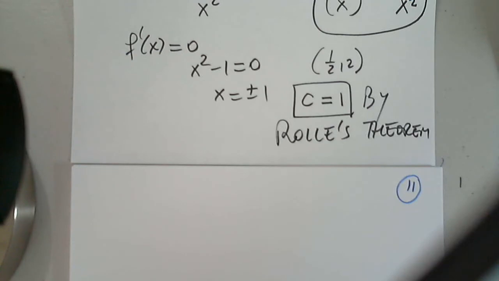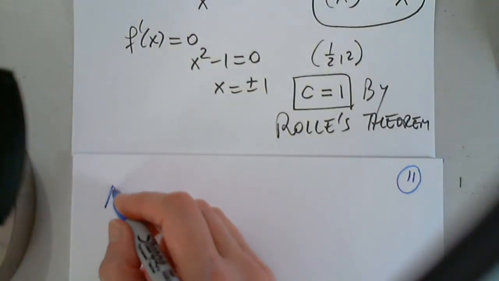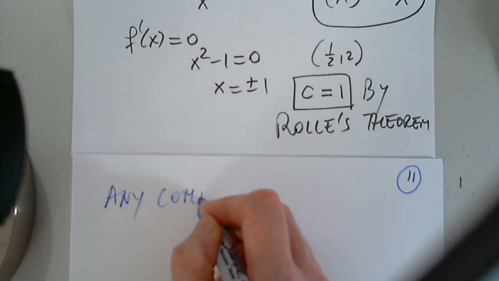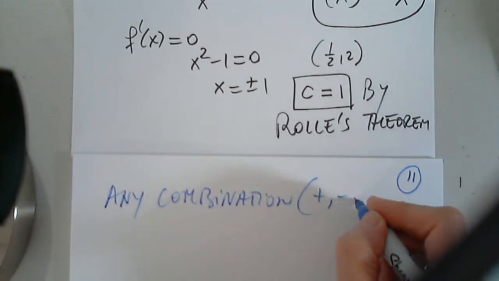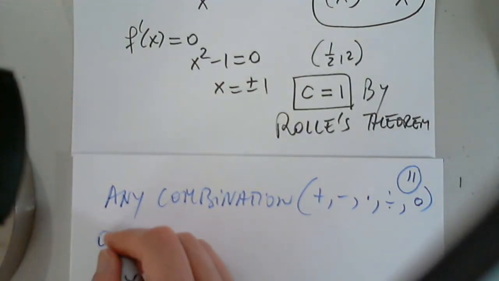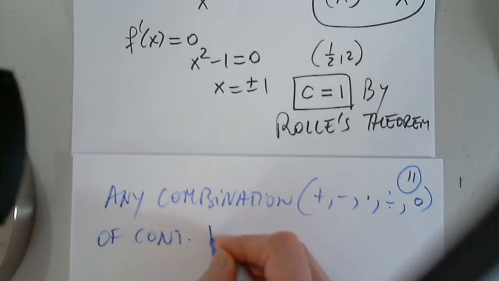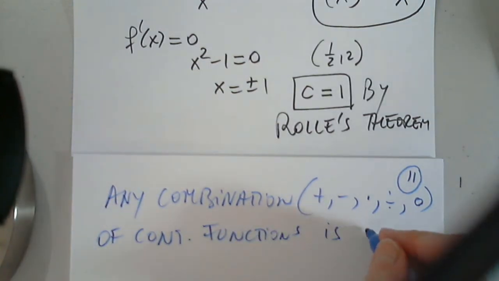Say it again, Dixon. I couldn't hear you. Yeah, so my question is, how are we able to check off the fact that f of x is continuous? Oh, because we talked about continuity, we said that any combination, addition, subtraction, multiplication, division, even function composition of continuous functions is continuous as well.